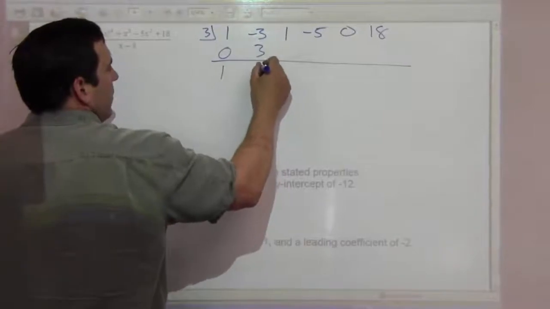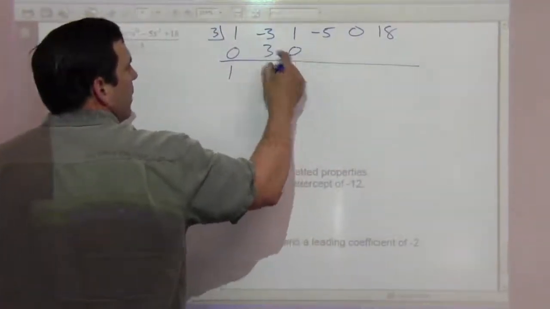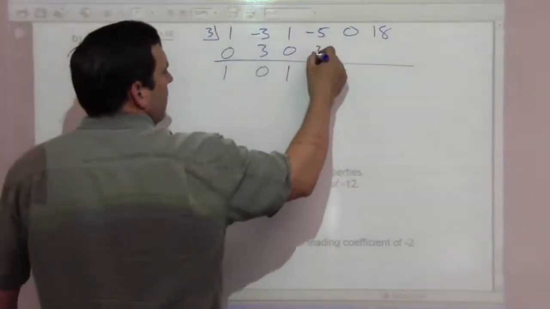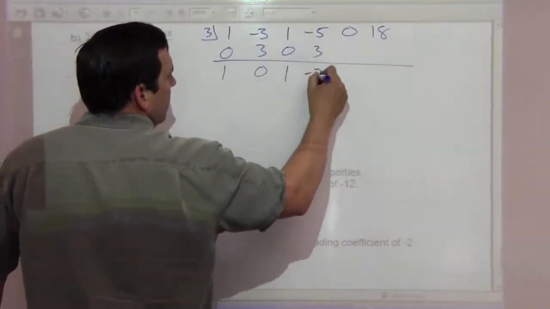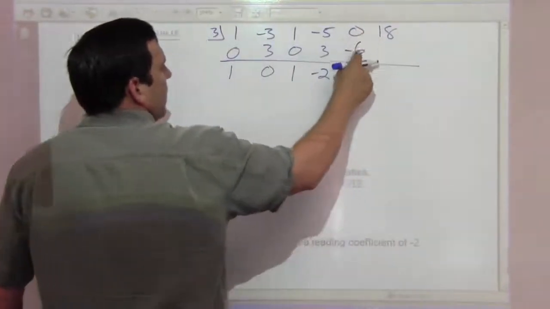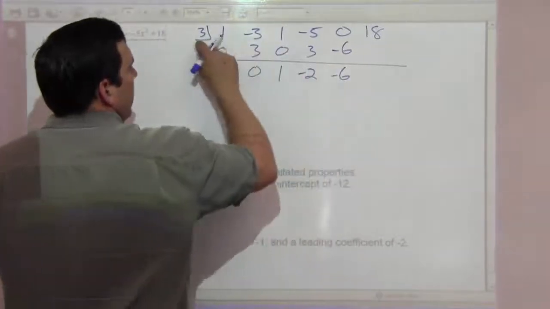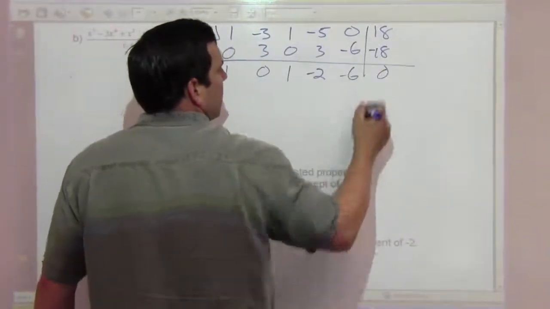Negative 3 plus 3 is 0. 3 times 0 is 0. 1 plus 0 is 1. 3 times 1 is 3. Negative 5 plus 3 is negative 2. 3 times negative 2 is negative 6. 0 and negative 6 is negative 6. 3 times negative 6 is negative 18. Hey, we get a 0.